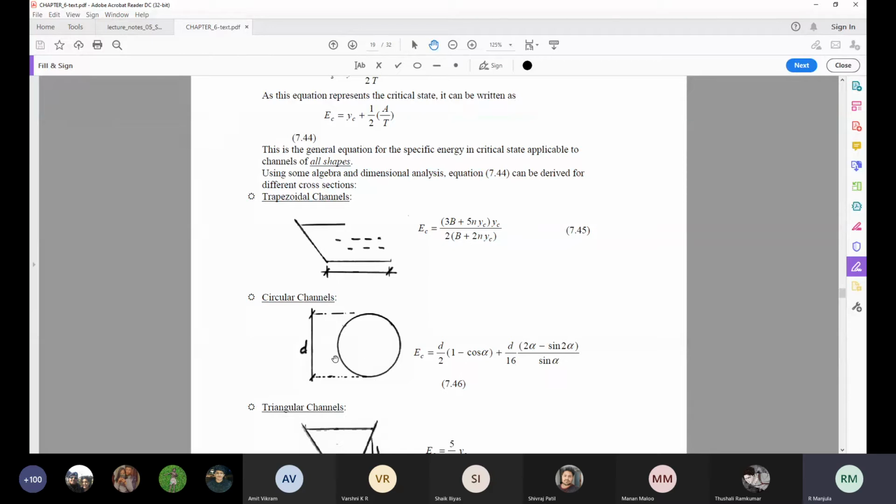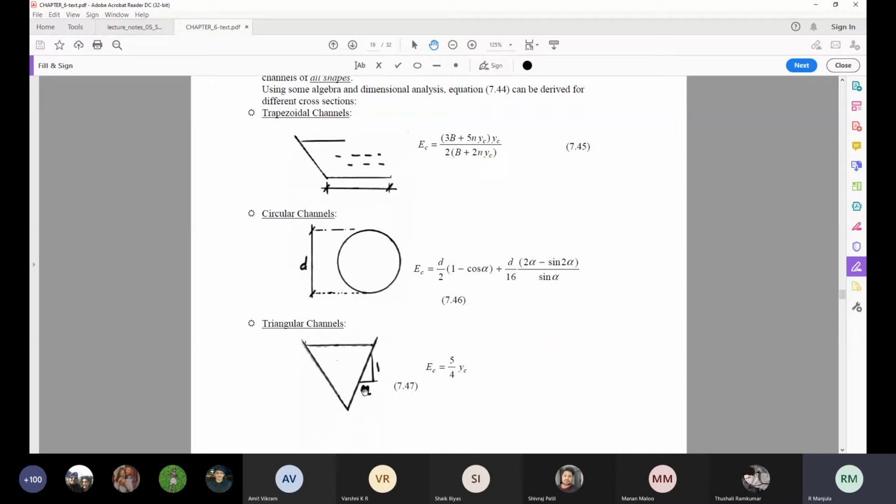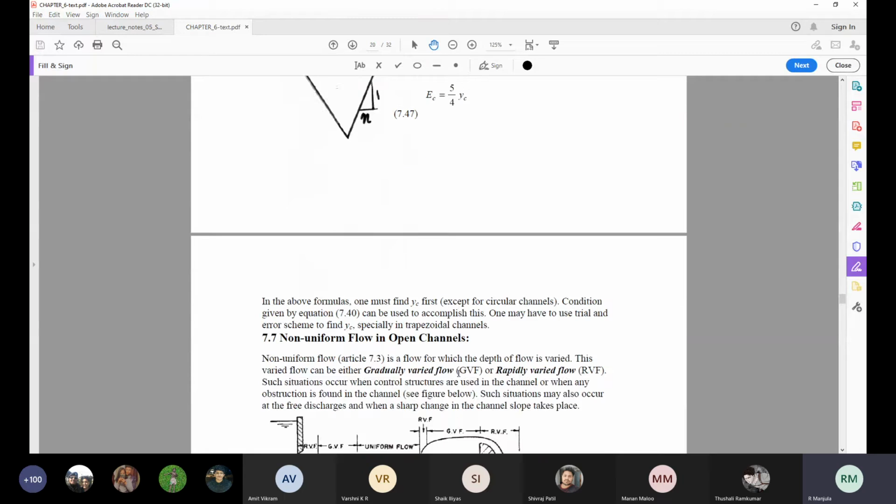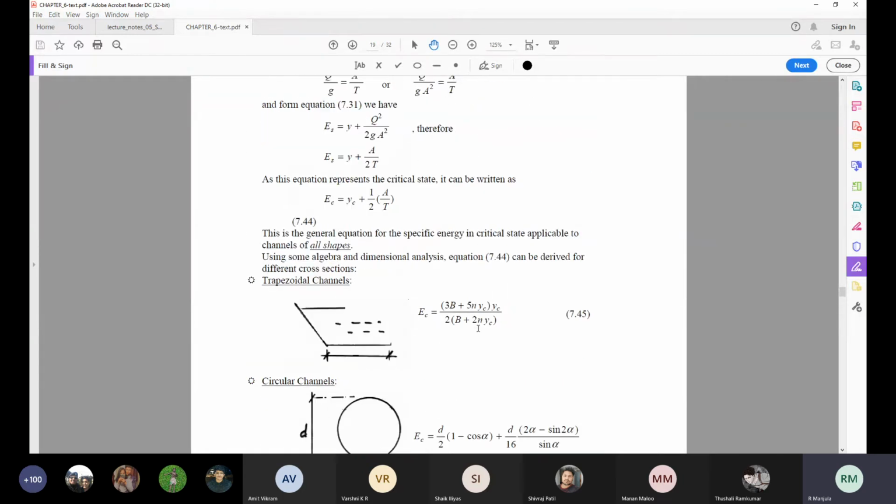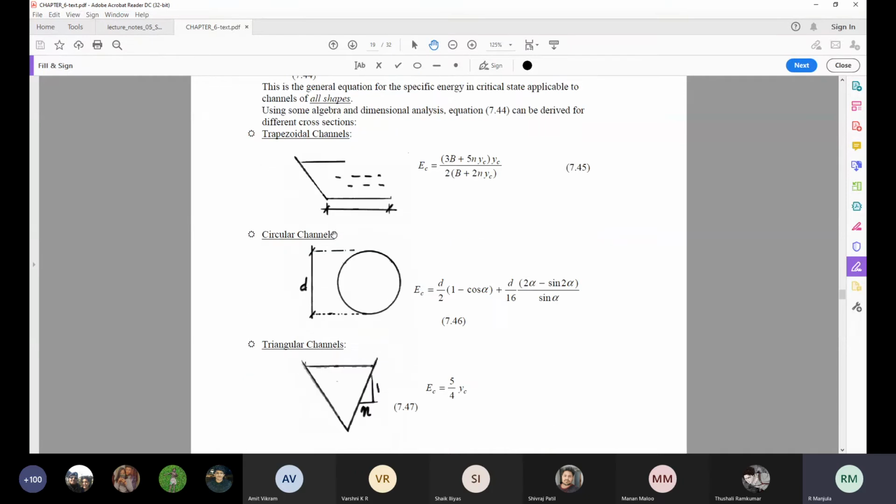The flow could be half full, below half full or above half full. So theta represents the inclination from the center to the depth of flow at the periphery. That is going to be your alpha. For a triangular channel, again the side slope is 1 by n, and Ec is 5 by 4 times Yc. These relations are obtained mainly by substituting the values of A and T, and Yc is kept as such. A and T are substituted and you get Ec.